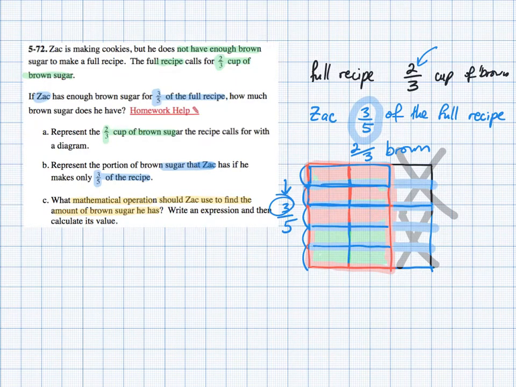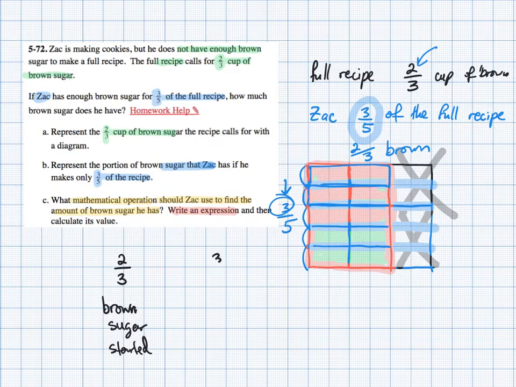So what is the actual result? We represented both A and B in the same diagram. Now we need to write an expression of how we got that red and what operation we could use. Yes, we should use multiplication. We started with 2/3 of the brown sugar, however we can only make 3/5.